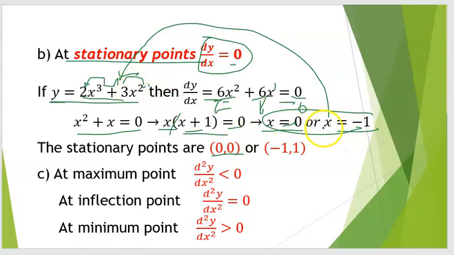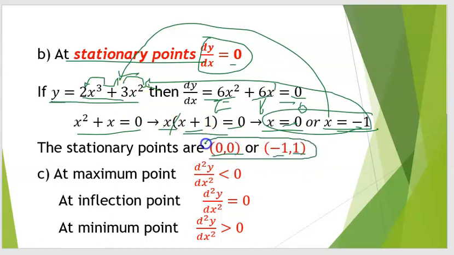Secondly, when x is negative 1, substituting back into the equation, we get that y equals 1. So the coordinates of the stationary points are (0, 0) and (negative 1, 1).